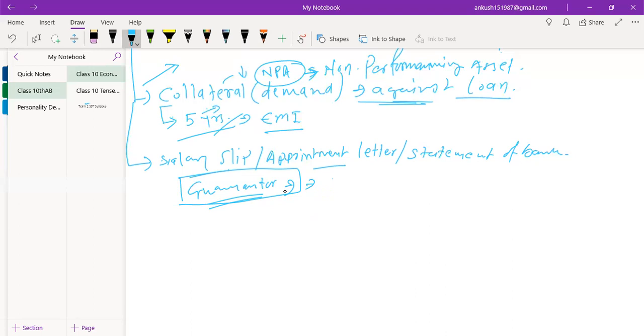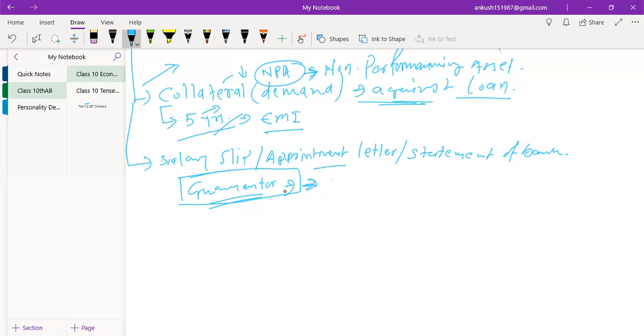If you become bankrupt, the bank can ask the guarantor to repay the loan, because he or she has taken your guarantee that you would repay the amount on time. Understood? This is also required by the bank, but it is not a form of collateral.